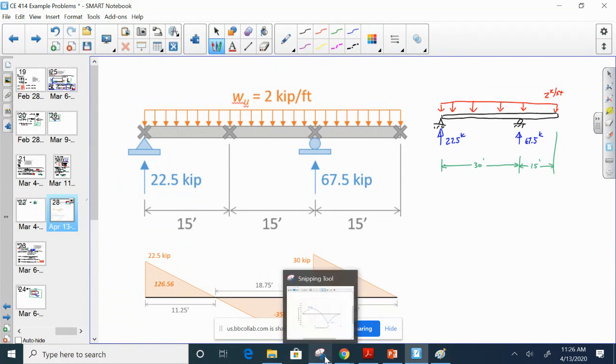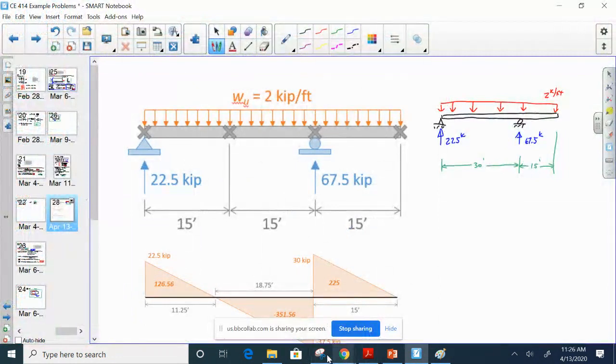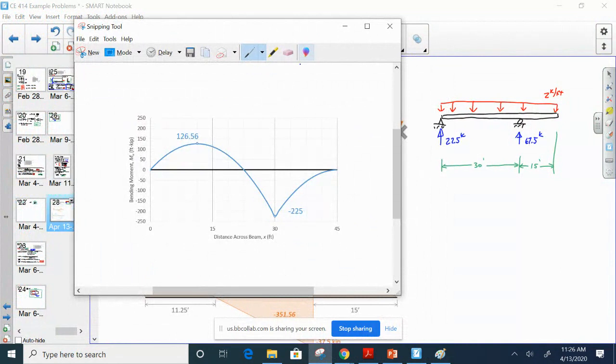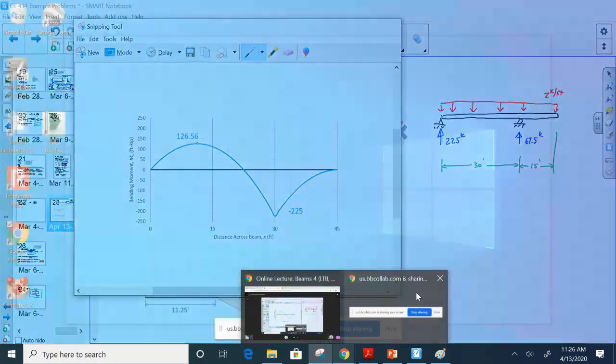I'm going to ask chat that. I want to see if y'all remember. How many moment functions do I need to define the moment diagram? Here, I'll even pull the moment diagram up so that we can see that. Okay.